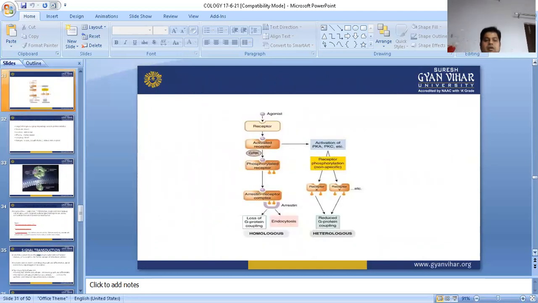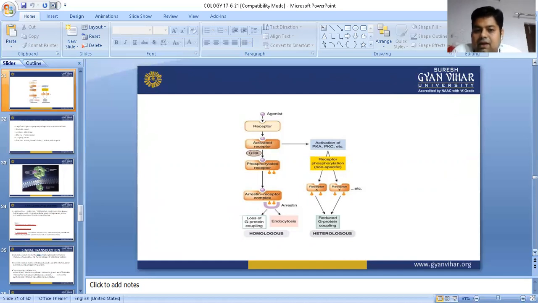Now in this slide we can understand that the agonist binds with the receptor, and the receptor is activated. The phosphorylated receptor forms an arrestin receptor complex, endocytosis occurs with loss of G protein coupled receptors, and after that the receptor is degraded.